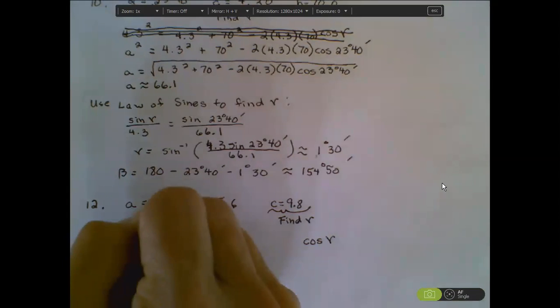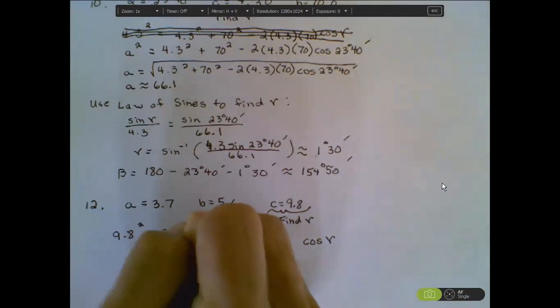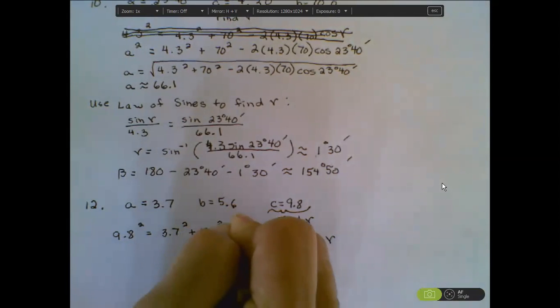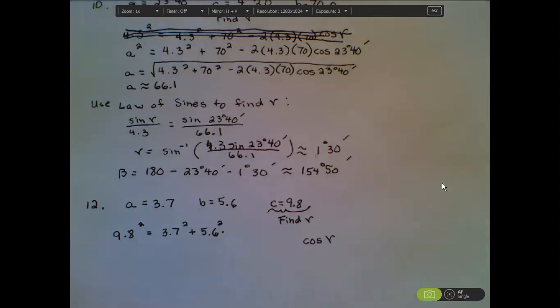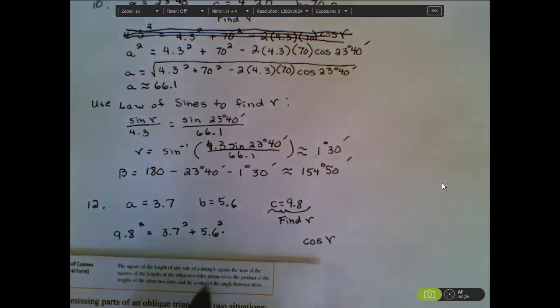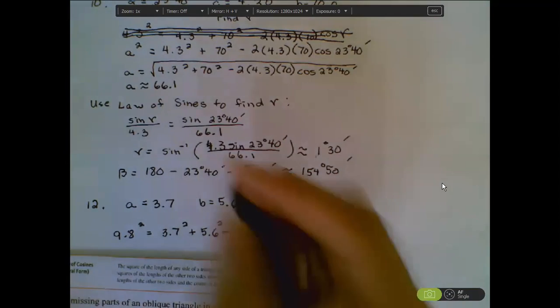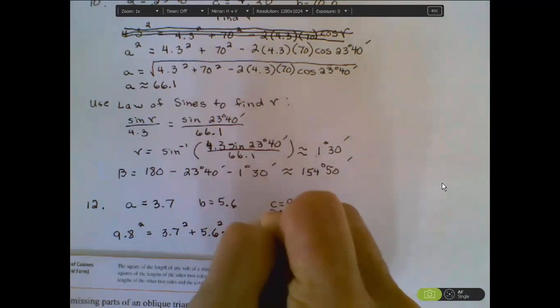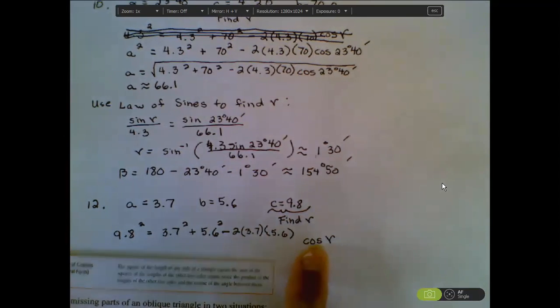And C squared equals the sum of the squares of the other two sides minus twice the product of the other two sides and the cosine of the angle between them.